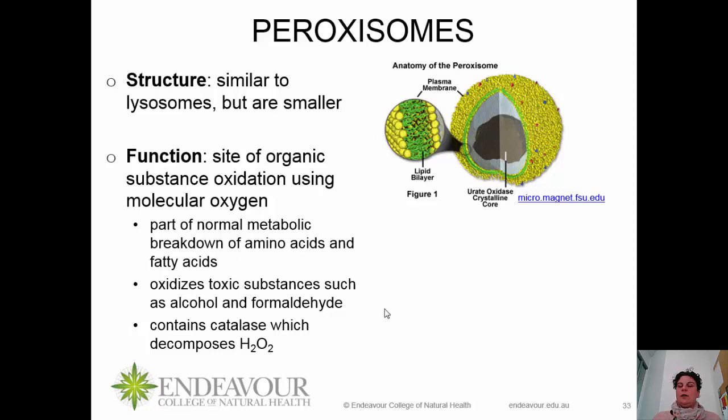What happens inside the peroxisome is that if you have a protein, for example, that ends up in the peroxisome, your peroxisome is able to oxidize it. When it oxidizes it, it basically shuts it down. It won't be able to work anymore.